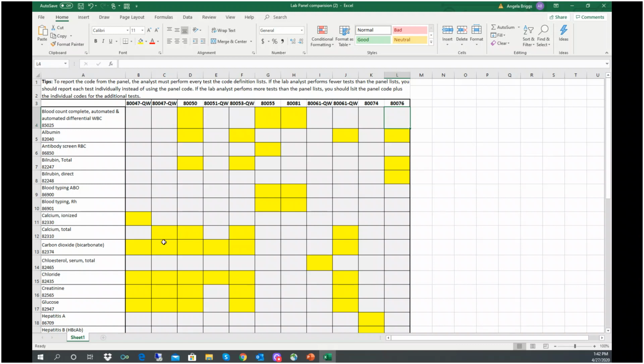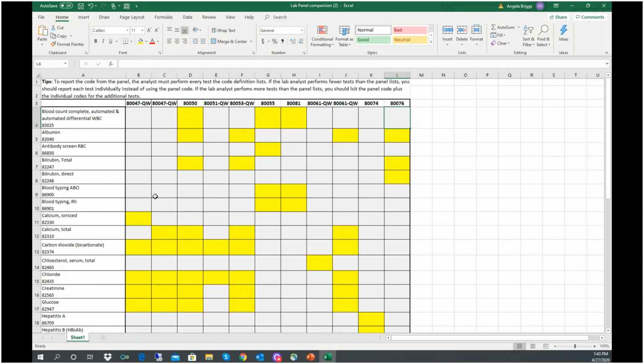So for example, the calcium total is included in both the 80047 and the 80050. If we didn't have that test repeated, then we could not assign two panels. We would actually have to assign one panel and then all of the other tests that weren't included.